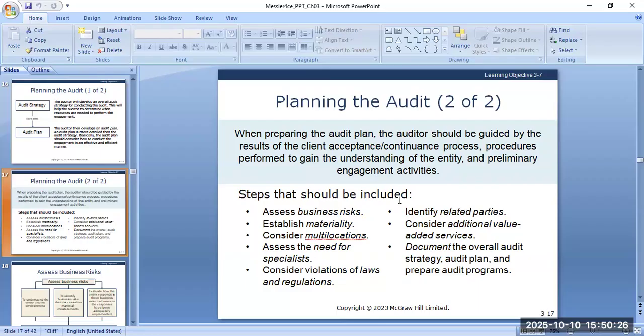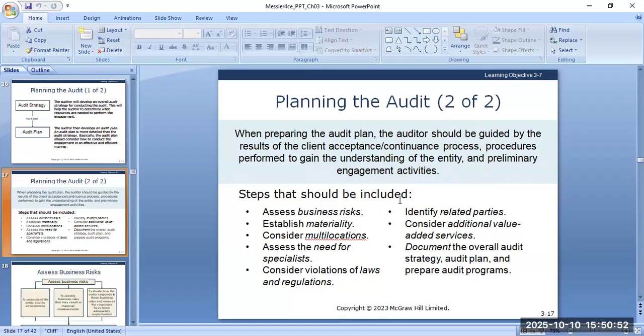First, we have to assess the business risk. Then we have to establish the materiality. Then we have to consider, is this a one-location or multi-location company? Then we have to assess the needs for specialists. Meaning, do we have the capacity as auditor to perform the audit by ourselves, or are we going to need specialists?